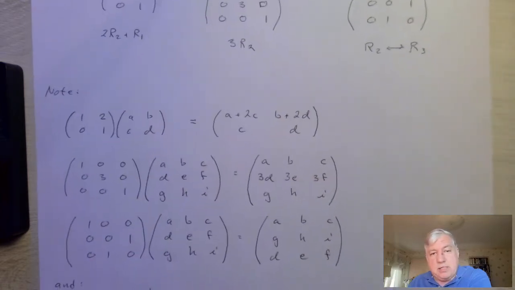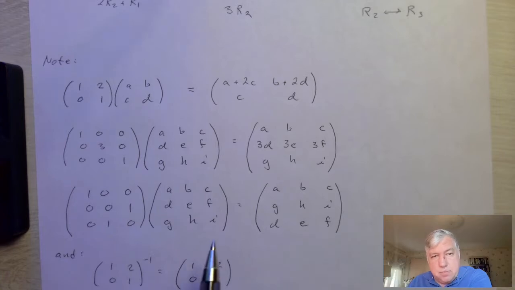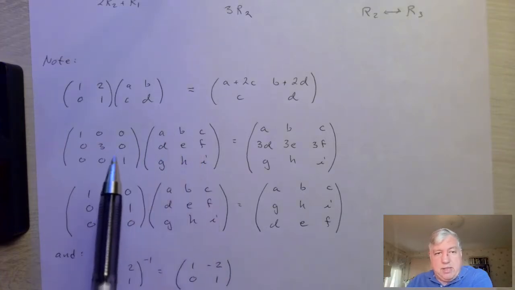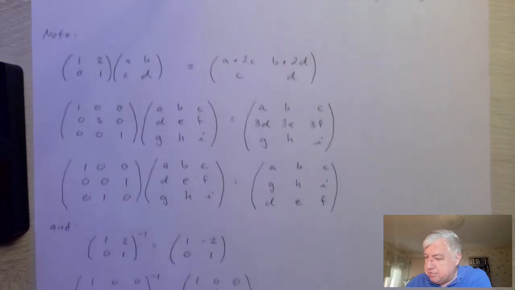Okay, so multiplying an elementary matrix on the left corresponds to just performing that operation on the original matrix.